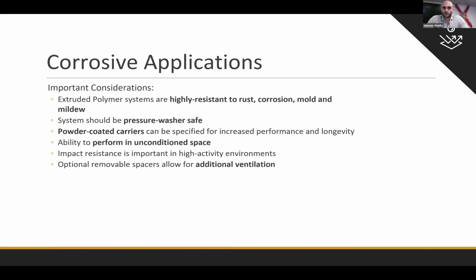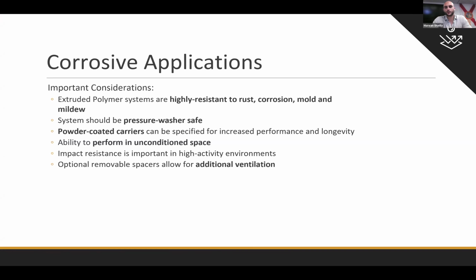So just as a brief summary, like I mentioned, the system is going to have rust, corrosion, mold, and mildew resistant properties, and is pressure washer safe. Whenever you are working with an engineered polymer system, there's going to be a component of attachment, right?